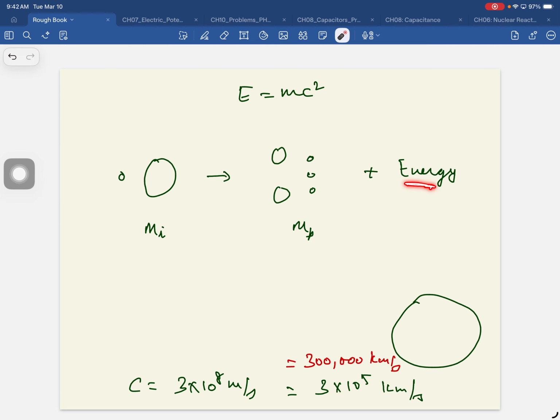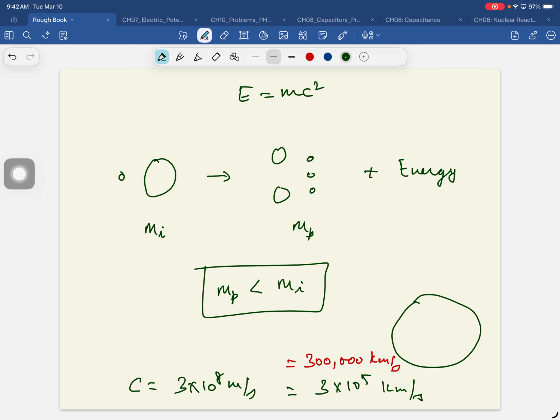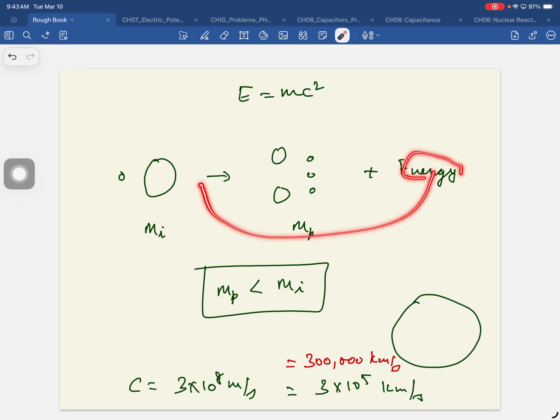So if you want to release energy, the mass of the products has to be less than the mass of the ingredients. What if the mass of the products is greater than the mass of the ingredients? Then you have to put energy into the reaction to make it go.